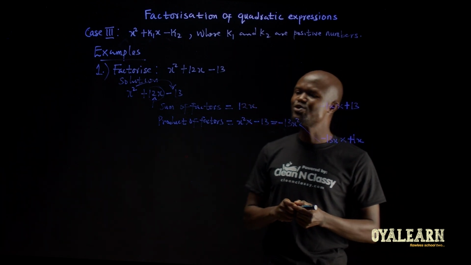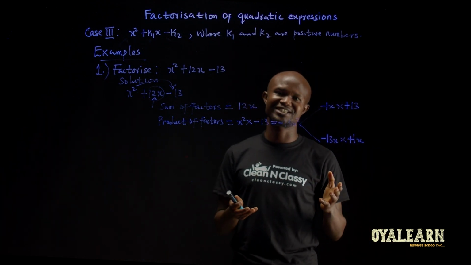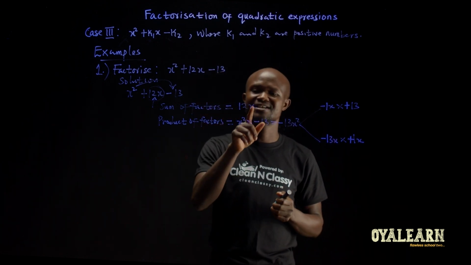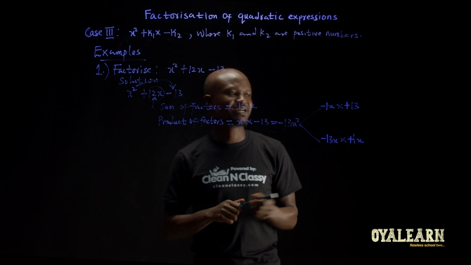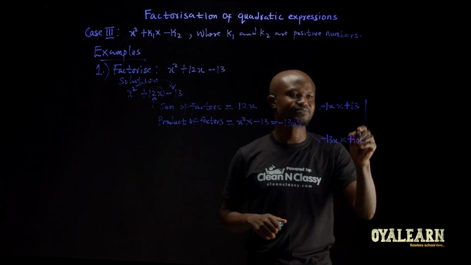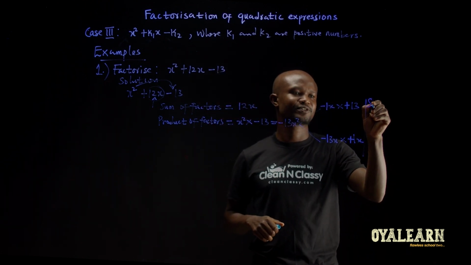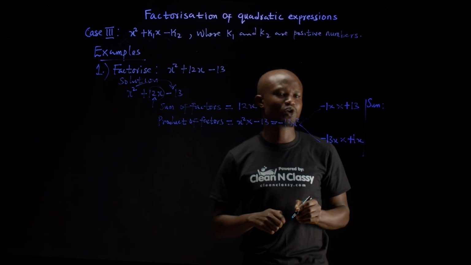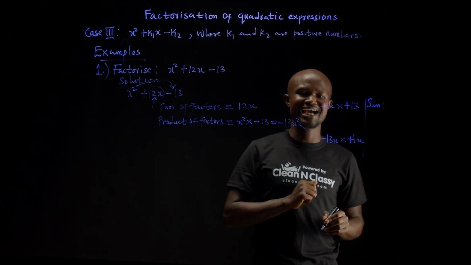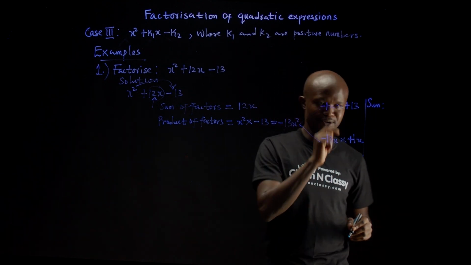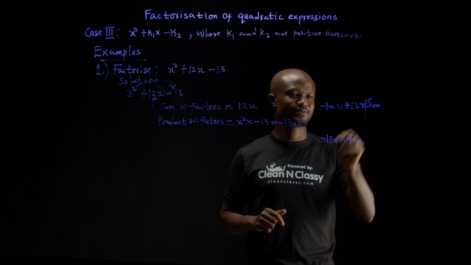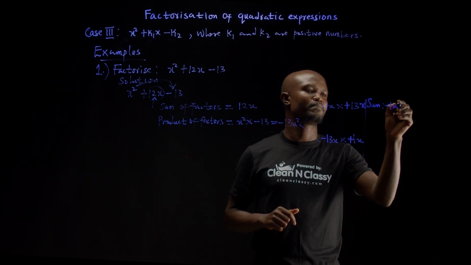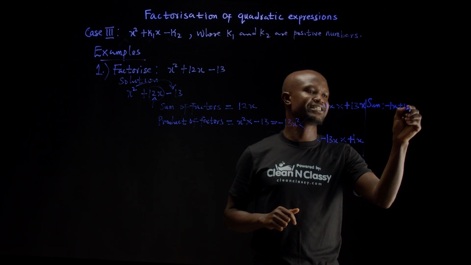Now, how do we know the set of values that is correct? The set of values that is correct depends on the sum condition. Now, let's check their sum. For the first one, we have minus 1x and plus 13x.